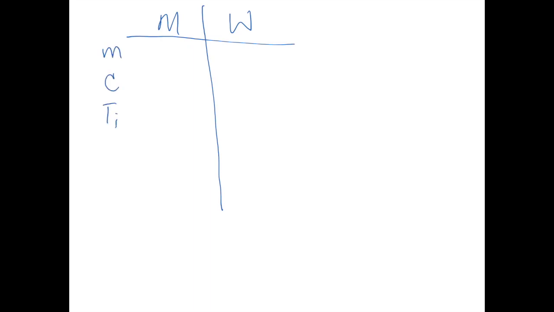So here's how I like to solve these problems. I make a data table. Do you have to do this? No. Do I think it's a good idea? I do. Metal, water. We need mass, we need C, we need T initial, we need T final, and we need delta T. Remember, T final is going to be equal. All right, so we just pull the information that we need from the problem. The mass of the metal was 28.4 grams.